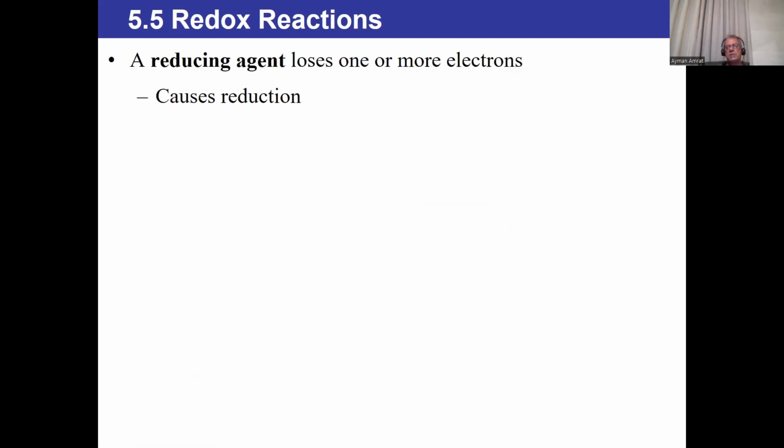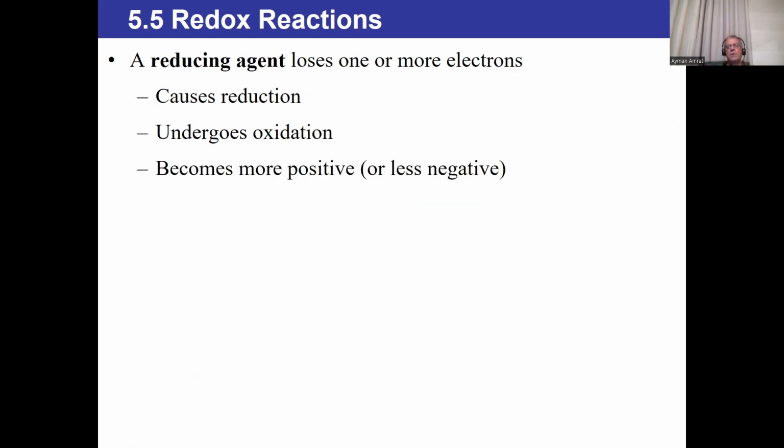A reducing agent loses one or more electrons, causes reduction, undergoes oxidation, and becomes more positive or less negative. To know which is the reducing agent, follow the charge.